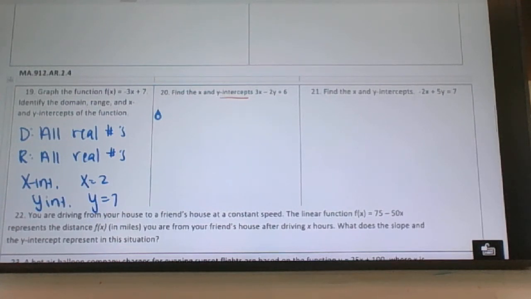For a y-intercept, you put a 0 on the x spot. So 2 times 0 is 0. 3 times 0 is 0.